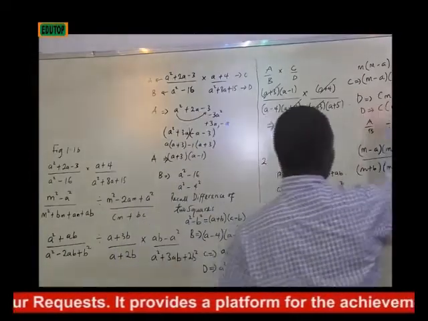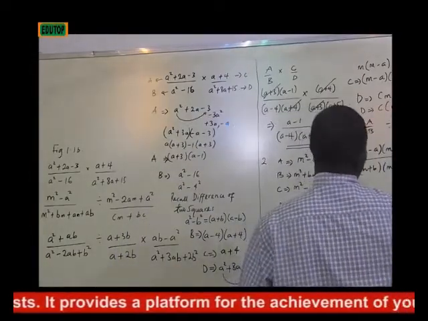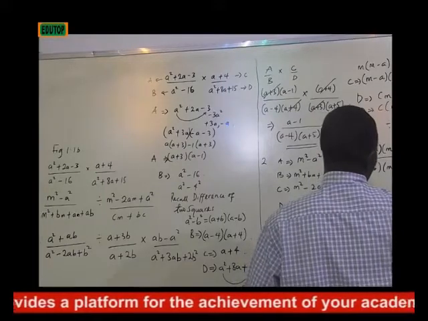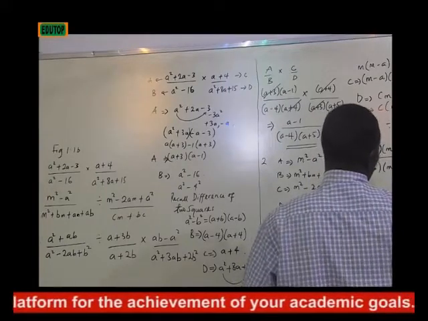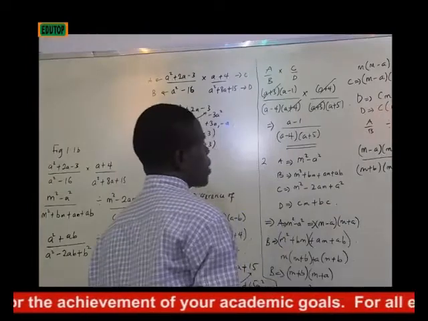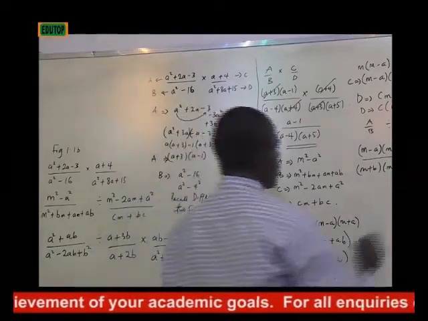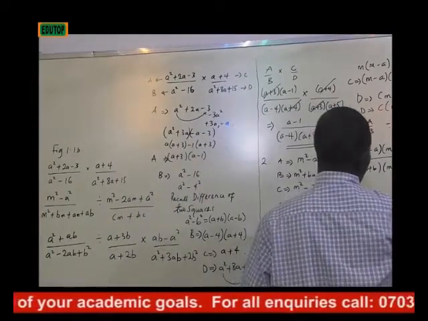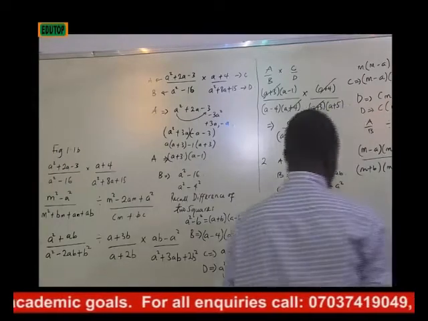Our C is m minus a, m minus a, over our D. What's our D? Our D is c into m plus b.